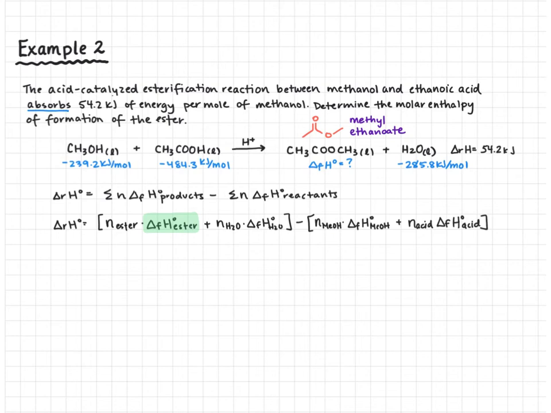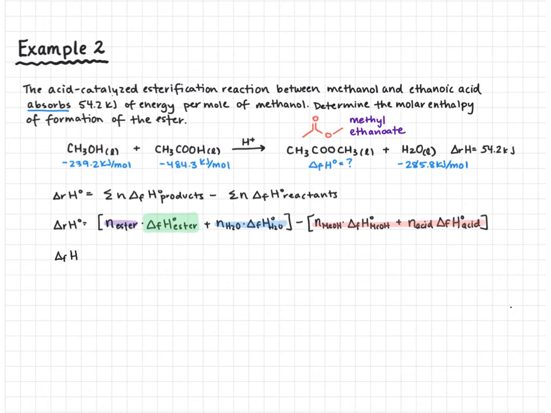So first thing we're going to do is add our reactants term to both sides of the equation. We're then going to subtract this term in blue from both sides of the equation. And then lastly, divide the entire thing by the coefficient of the ester. So when rearranged, it's going to look like this.